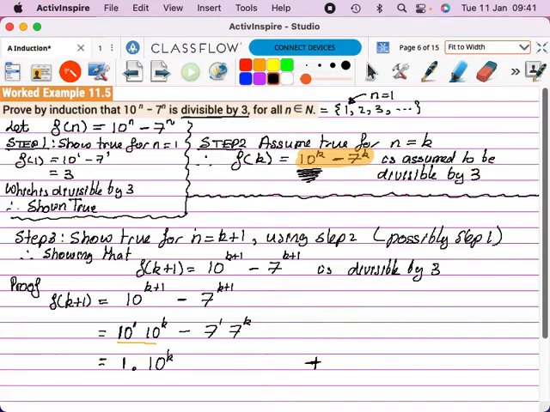Whoops, I'm short 9, so I'm going to throw them in over here straight away. Does step 2 have a minus sign? Yep. So I've definitely got the minus sign, that's handy. And what I have here is one lot of 7 to the k. So I've only got one lot of 7 to the k.